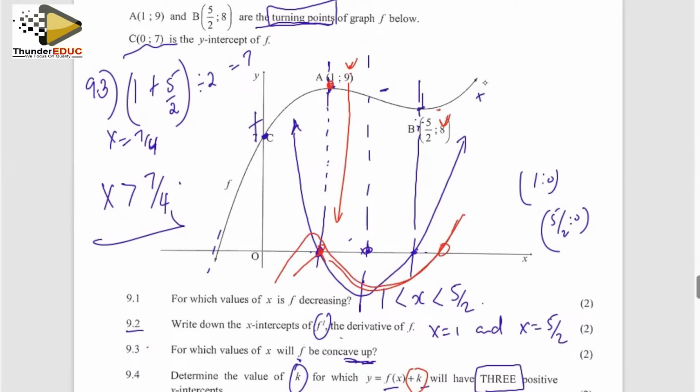So it's 1, 2, and 3. So which means our values must be between 0 and 9, for us to get the exact answer that we need. Since this is also 8, it would be more or less the same thing. If we drop it 8 units, it's just going to be at that point.